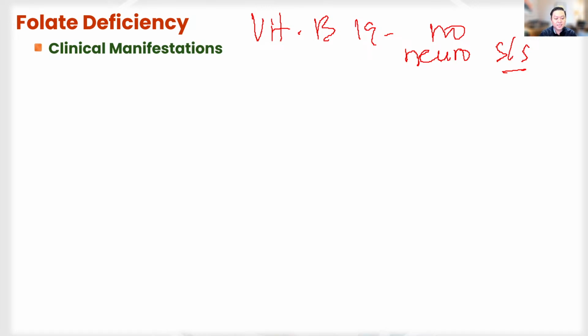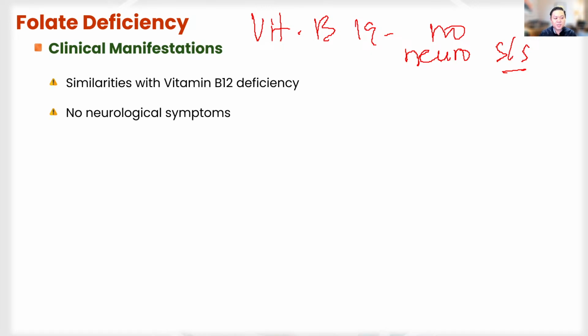Why? Because folate deficiency doesn't typically affect the nervous system. So again, the patient will not be showing any signs of numbness. There will be no tingling sensations and no problems in their balance. So none of those.